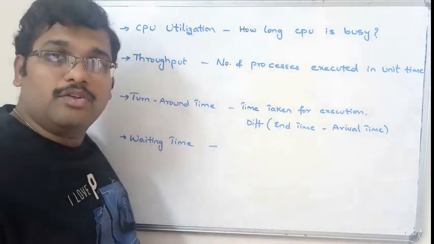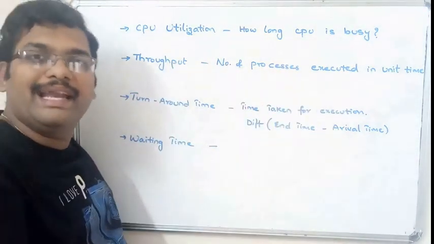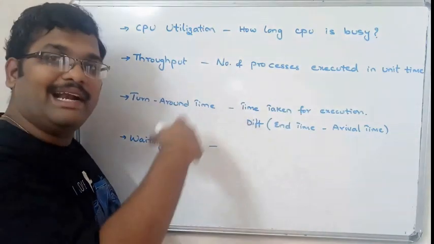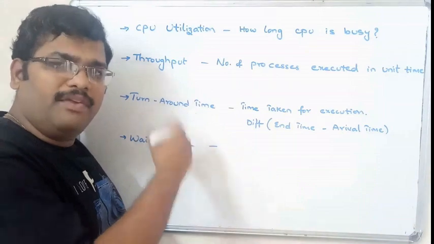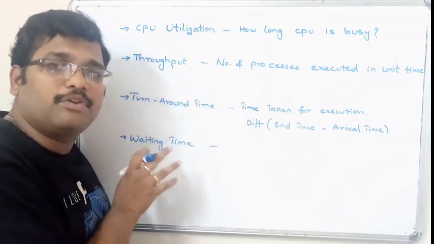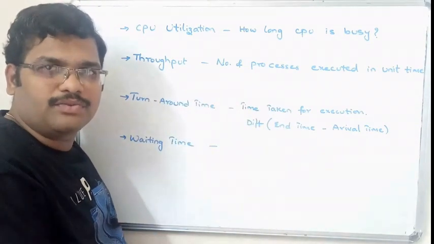Next, waiting time. How much time the process waits for getting the CPU. Even if the process is in the ready state, if one process is going on execution by the CPU, then the second process should wait until the executing process completes its execution, right?